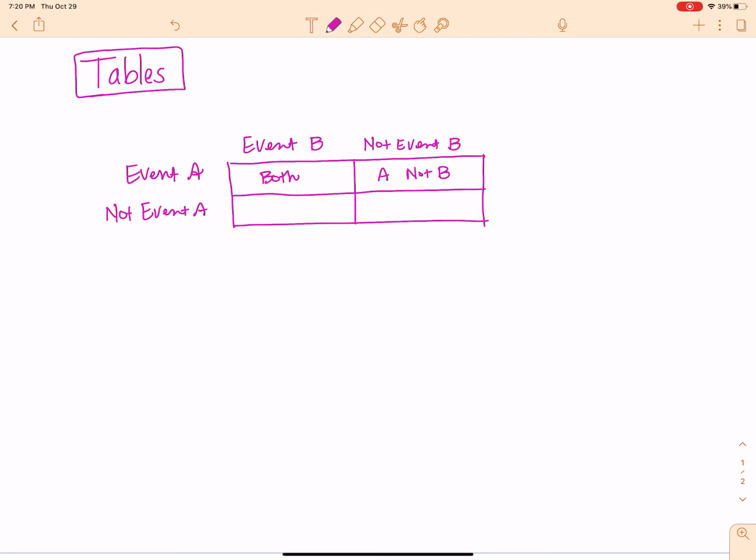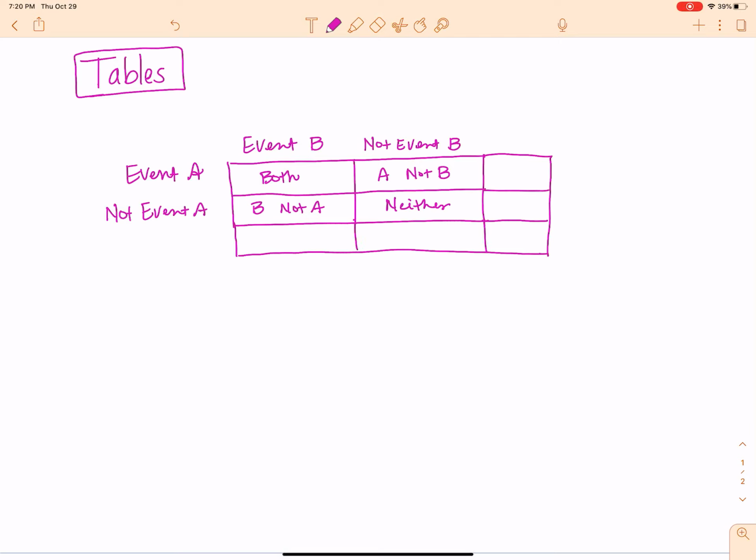Some people are going to be event B and not A. And some people are going to be neither one. We also have to consider totals, all right? So I'm going to create an extra row and an extra column to illustrate these for you.